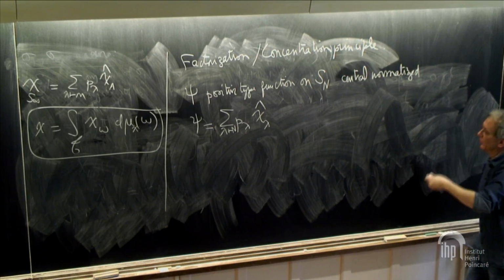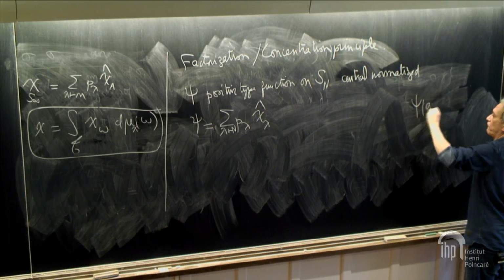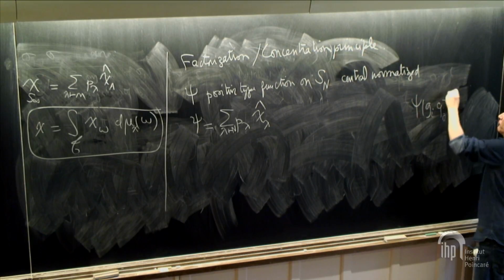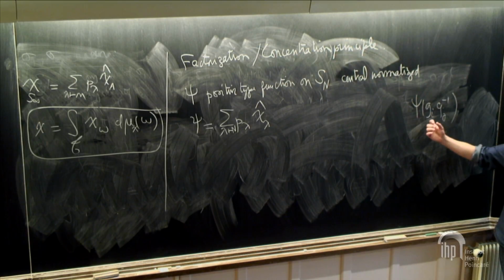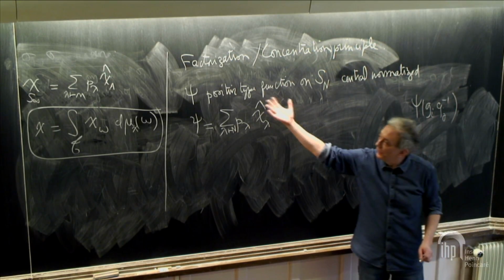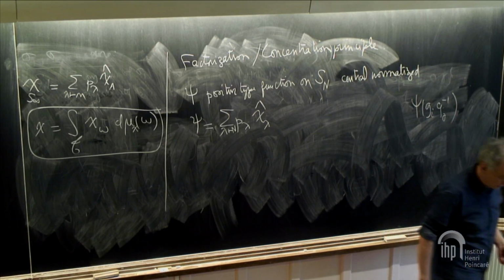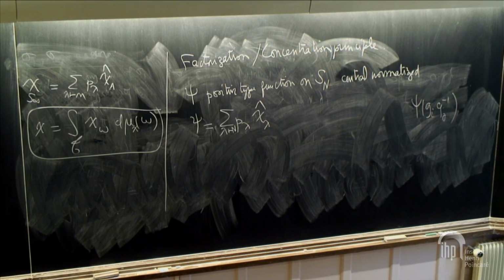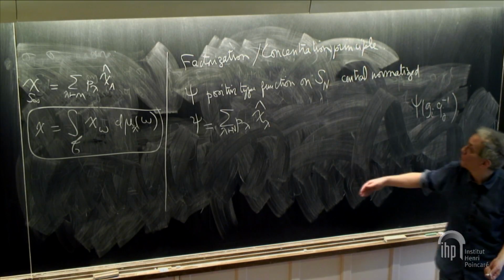So this means that if you take some elements in the group, this matrix is a positive matrix. So it is a Hermitian, non-negative matrix. This is what it means. So psi is, if you want, a coefficient of a unitary representation. A positive type function is a coefficient of a unitary representation.